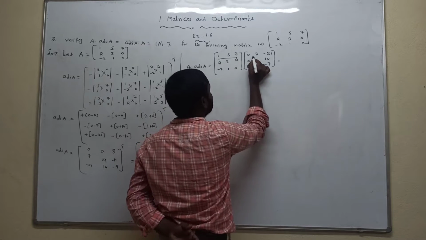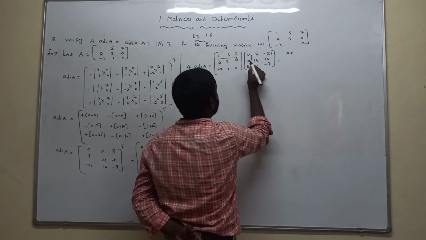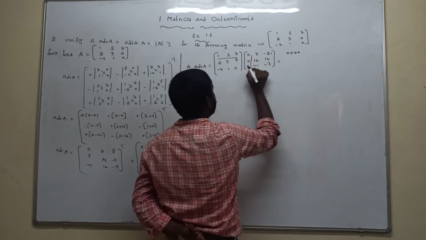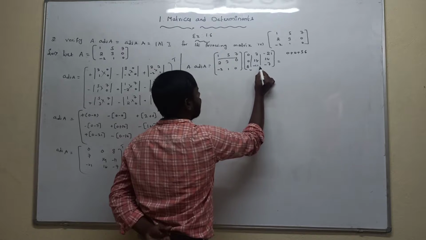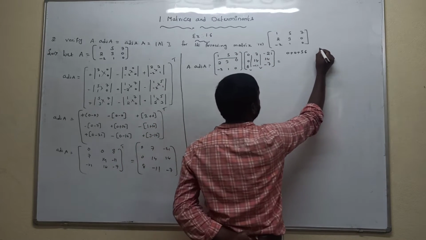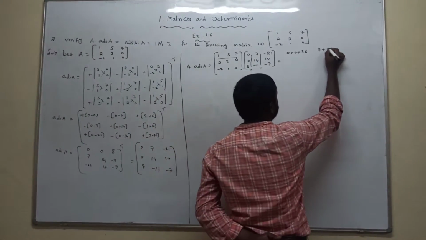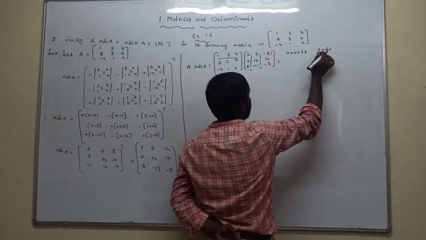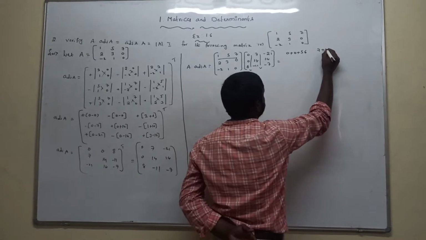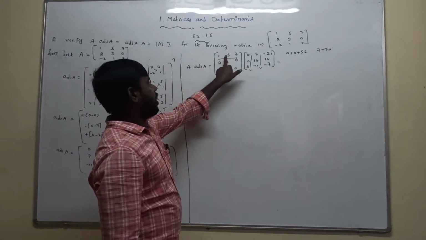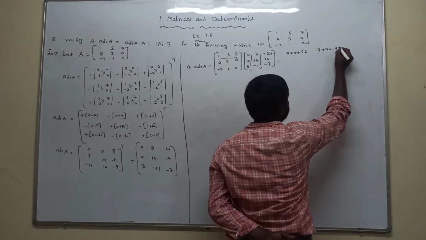Now product with the first row, first column: 1 into 0 is 0, plus 5 into 0 is 0, plus 7 into 8 is 56. Next, product with the first row, second column: 1 into 7 is 7, plus 5 into 14 is 70, plus 7 into minus 7 is minus 49.